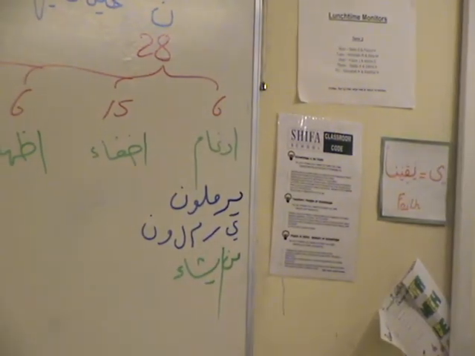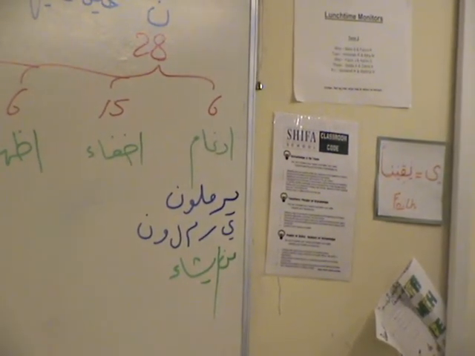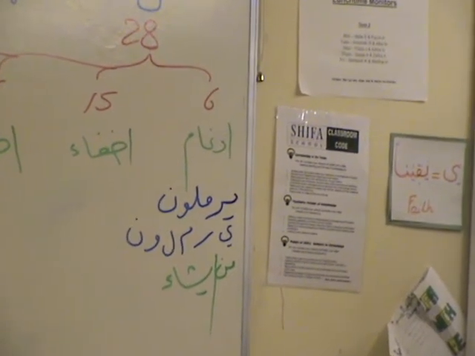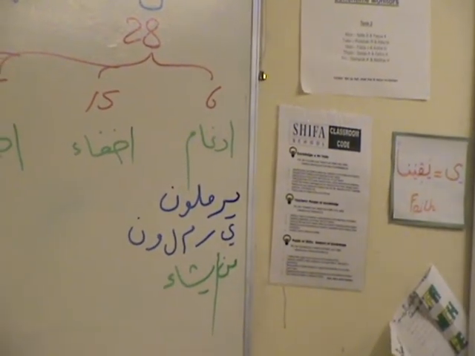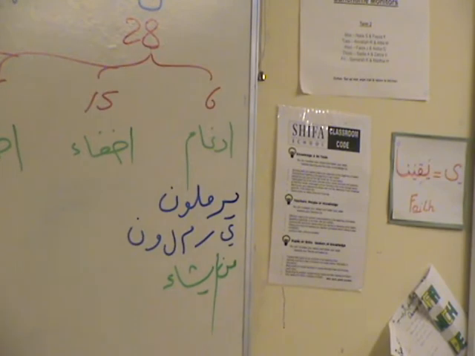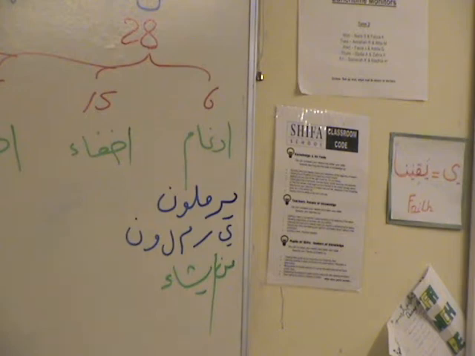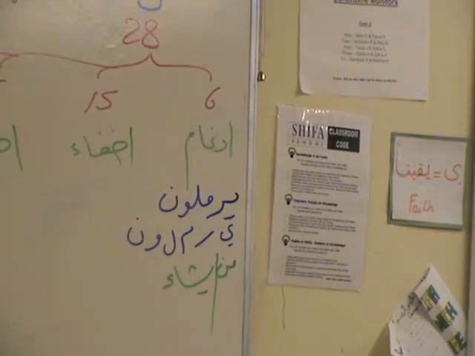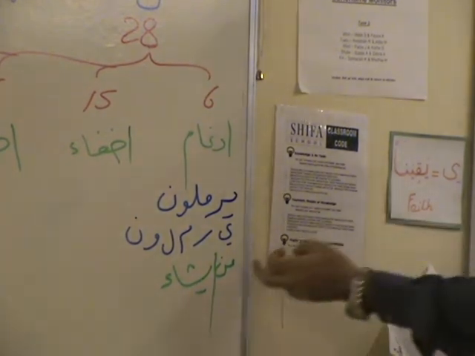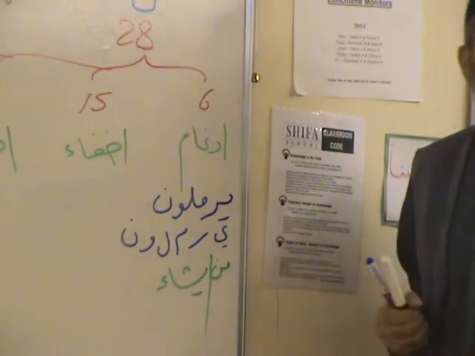You say man yasha. The noon is gone completely. What's left from the noon is only the ghunna. This is what we mean by idgham. That means we pronounce only the ya, and the noon is gone completely.